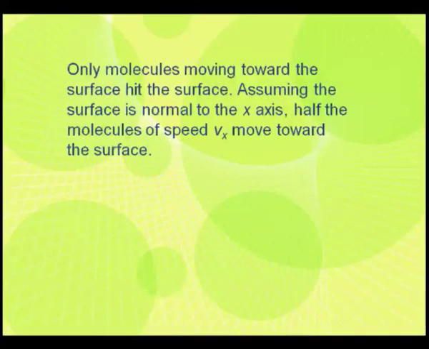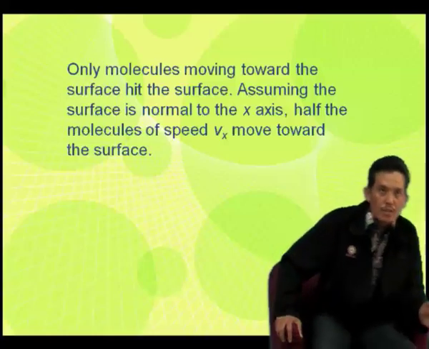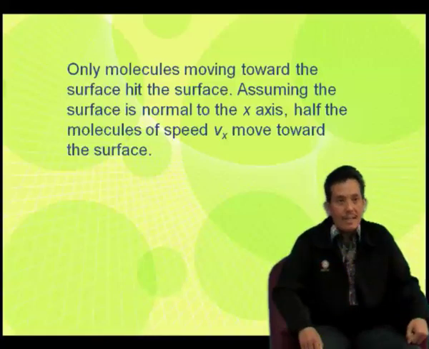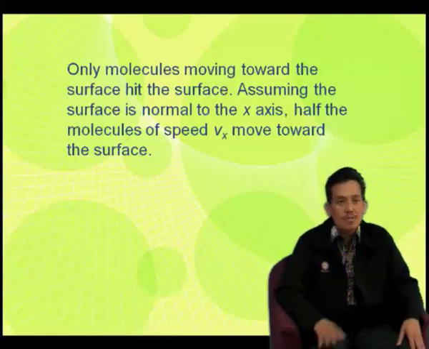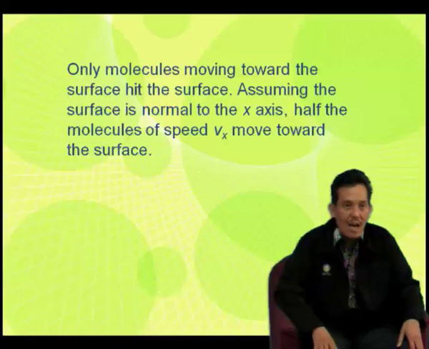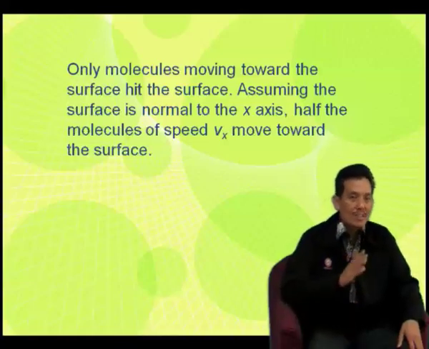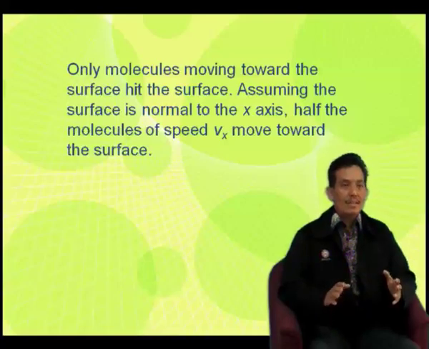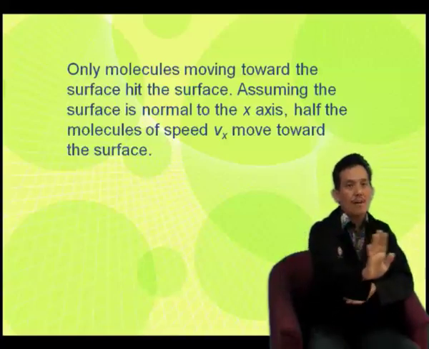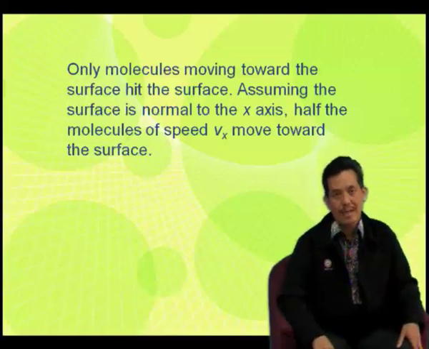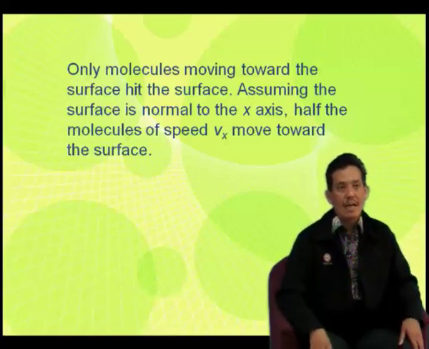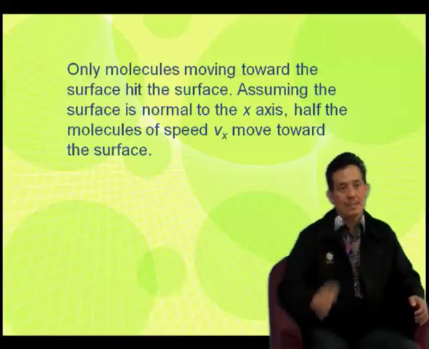So here we can say that only molecules moving toward the surface hit the surface. And assuming the surface is normal to the x-axis, half of the molecules move toward the surface. So just imagine that the surface is in the direction of the x-axis and the gas moves toward the x-axis with the speed of v and hits the surface.